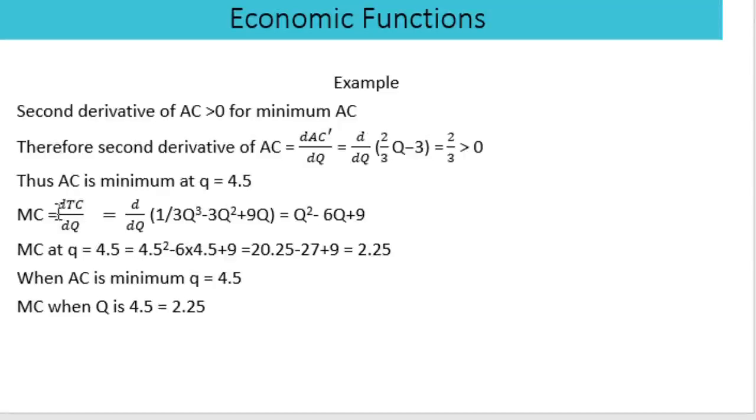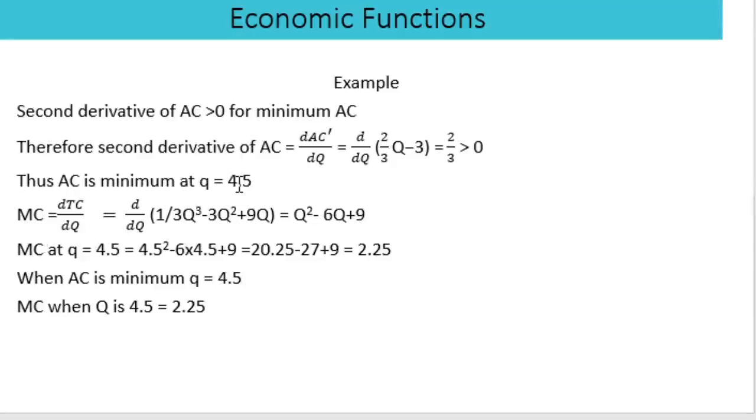Marginal cost is the first order derivative of the total cost function, that is dTC by dq, that is d by dq of 1 by 3 q cube minus 3q square plus 9q. 1 by 3 q cube gives 1 by 3 into 3 q raised to 3 minus 1, and 3 and 3 cancel, giving q square, minus 3q square, whose differential is 6q, plus the differential of 9q which is 9. Now find the marginal cost at q equal to 4.5.